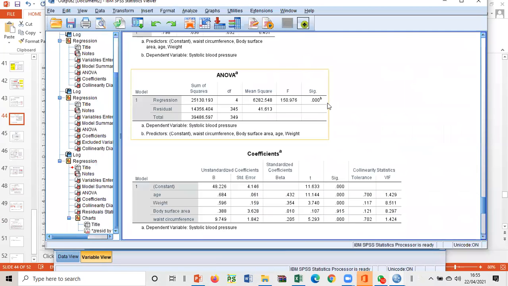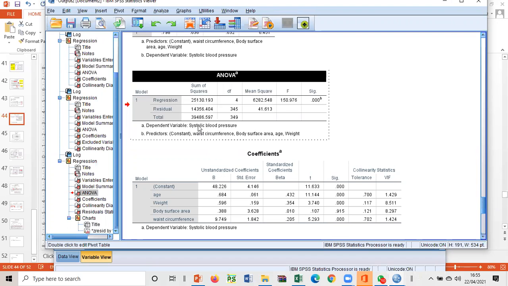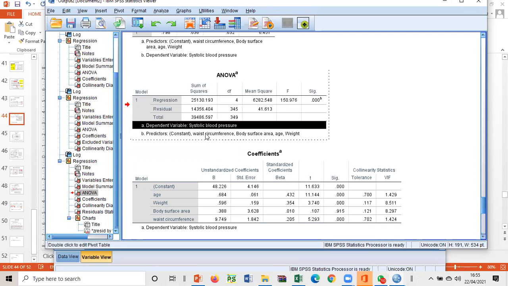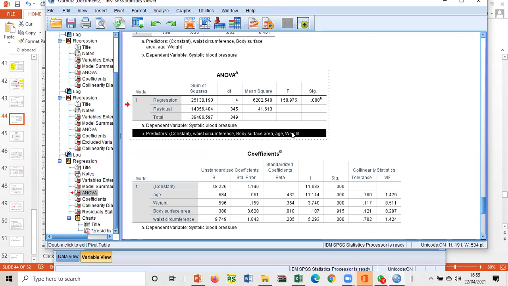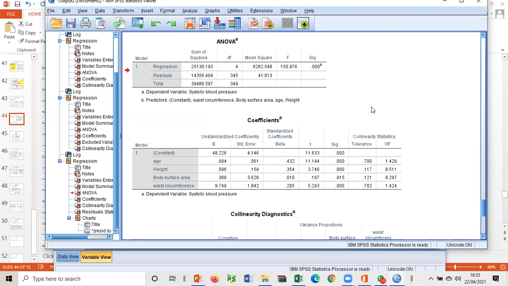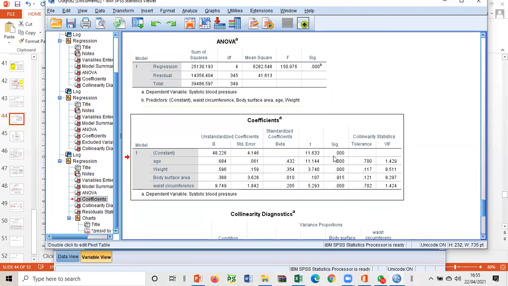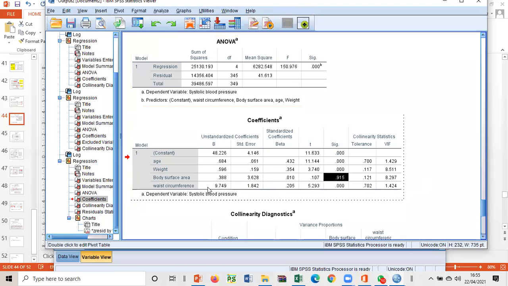Okay, currently, if you look at the ANOVA table, yes, BP depends on at least one of the four predictors. Which one? You can see that all except for body surface area.